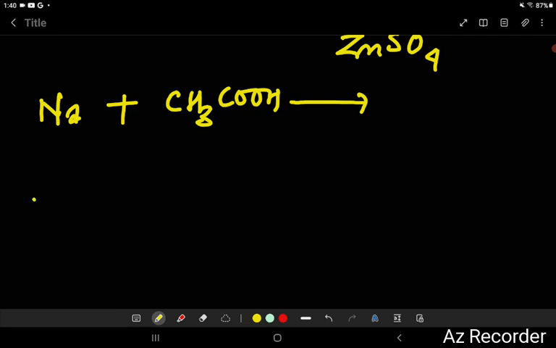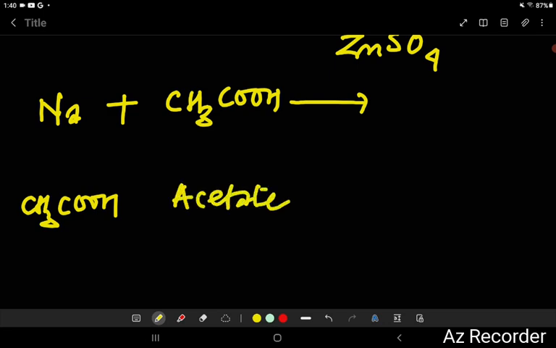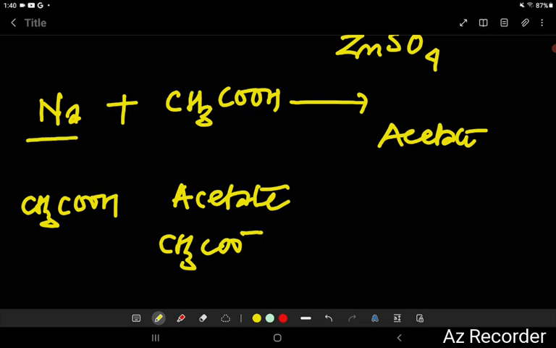Similarly, acetic acid, that means CH3COOH, will form acetate salt, that means CH3COO negative. But which acetate depends upon the metal used, that is sodium. So you will get sodium acetate plus hydrogen gas.